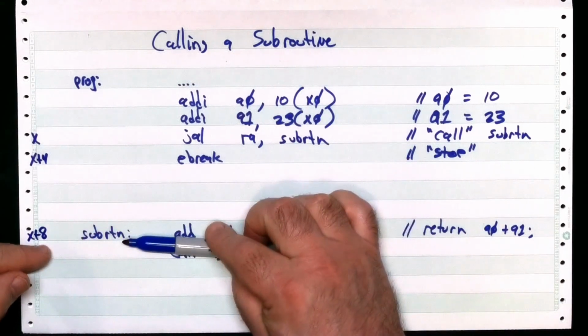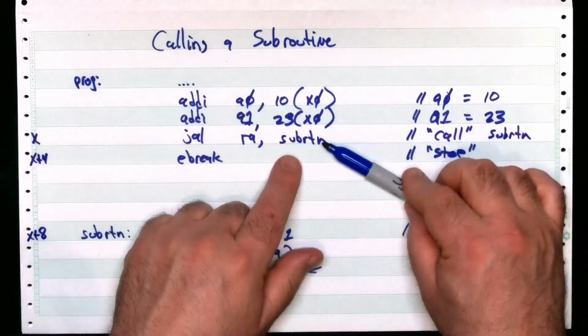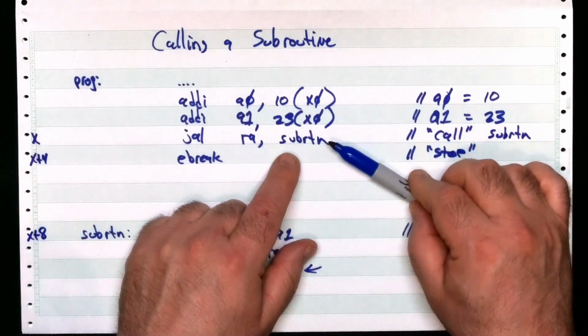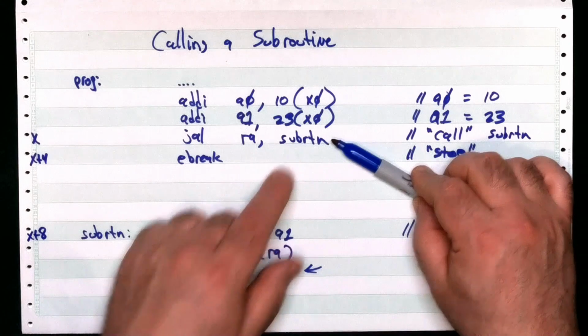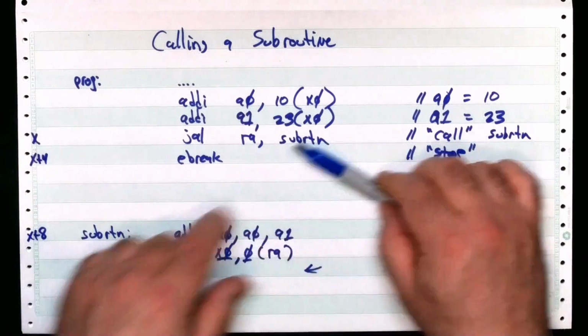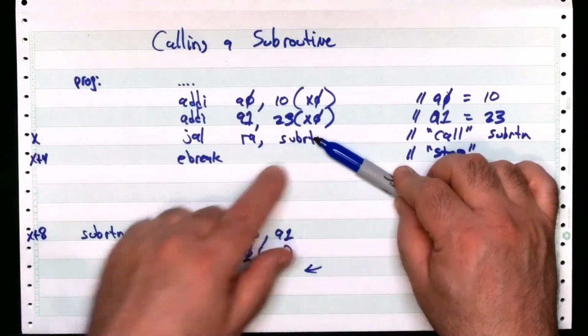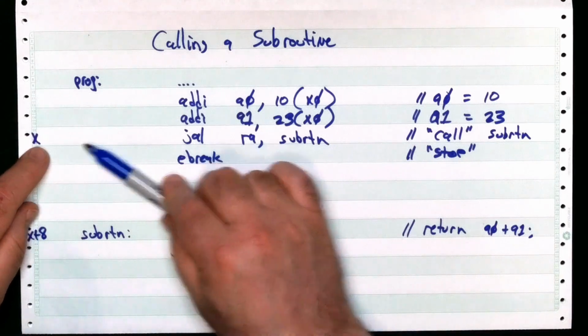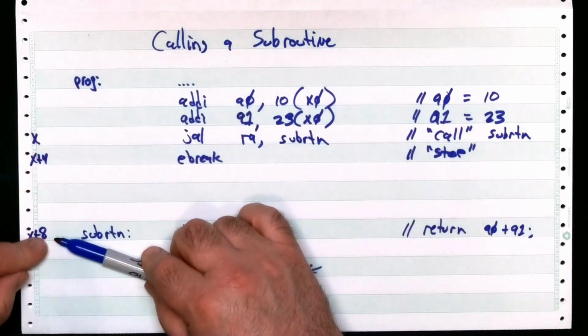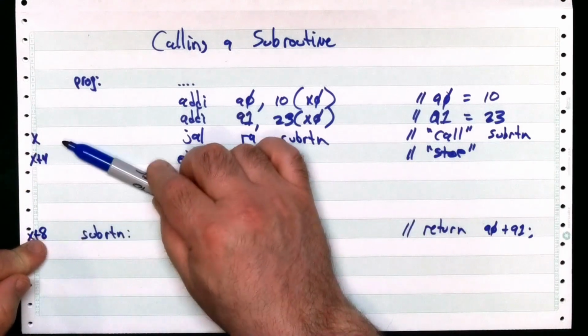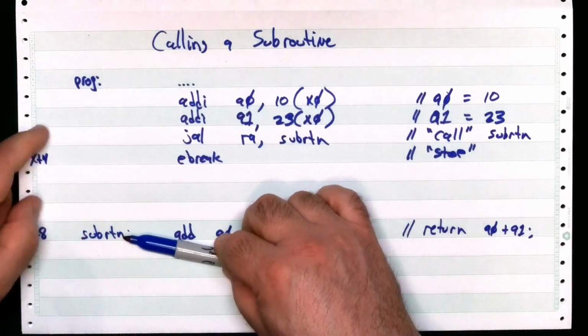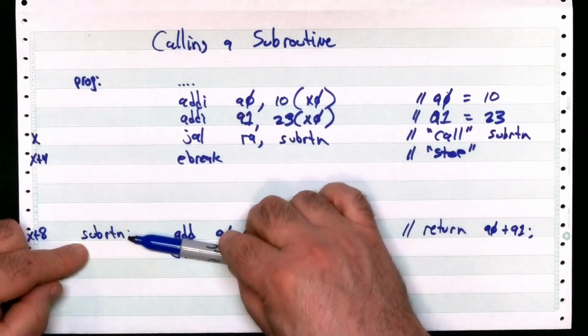So it turns out the value in here in the source code is a label, the address you want to go to. But the value that's stored in the immediate in this instruction is going to be that 8 right there, because that's the distance it needs to go to get there from where it is.